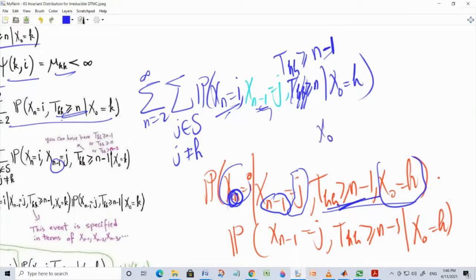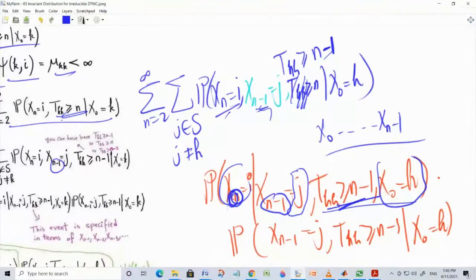If I give you X_0 up to X_{n-1}, I can tell you whether a revisit of state k has occurred or not. I can basically check it by just checking this part. If there is no state k appearing, then this event is true. If there is state k appearing, then this event didn't happen.